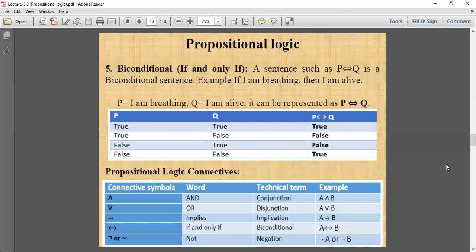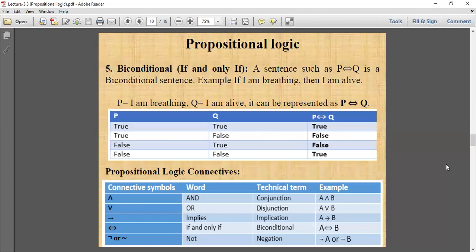Next is biconditional, if and only if. A sentence such as P double implication Q is a biconditional sentence. For example, if I am breathing, then I am alive. Now we assume P equals I am breathing, Q equals I am alive.